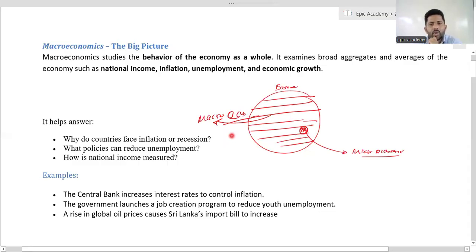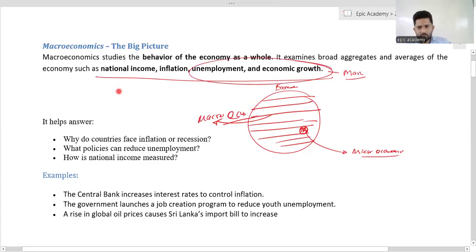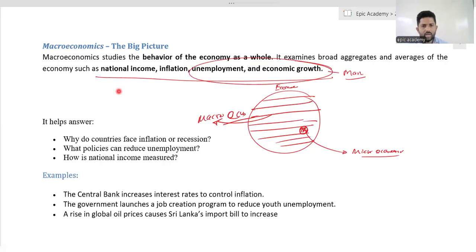It examines broad aggregates and averages of the economy, such as national income, inflation, unemployment, and economic growth. All those topics belong to macroeconomics because it covers the total economic activities, the entire economy. So that is why we say it belongs to macroeconomics.